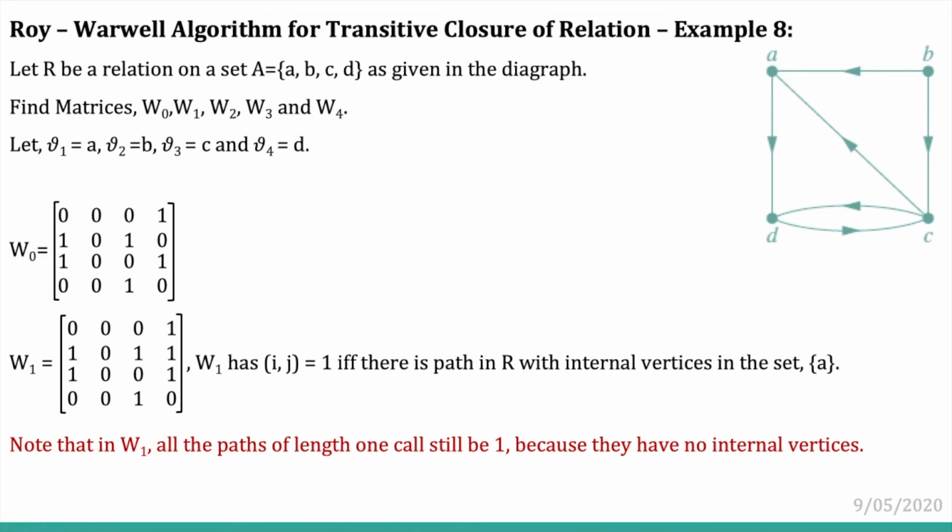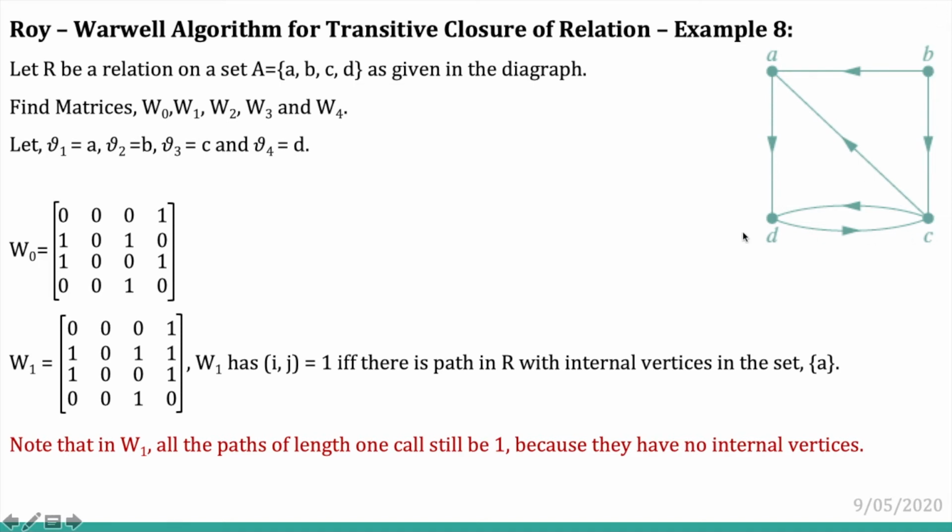Now, in addition to those ordered pairs which are connected by the path of length 1, we also need to take care of those ordered pairs which are connected by a path of length more than 1 but having the internal vertex A. Now there are 2 such ordered pairs in this relation.